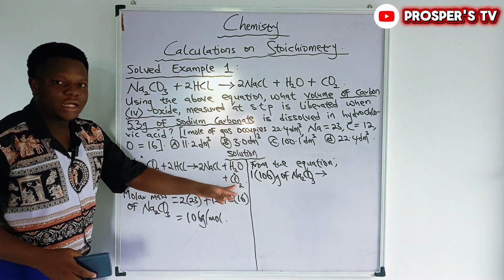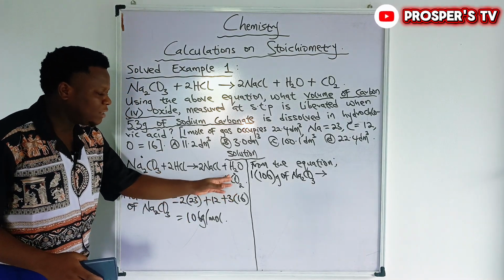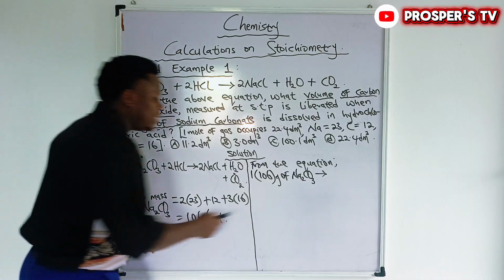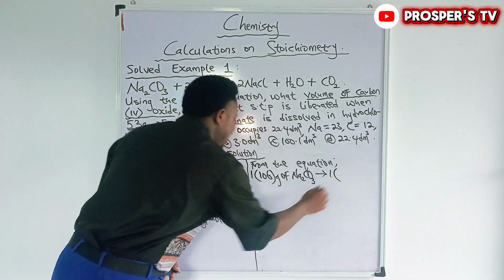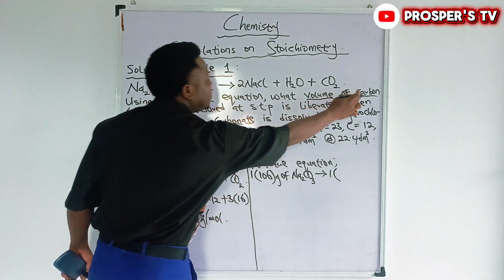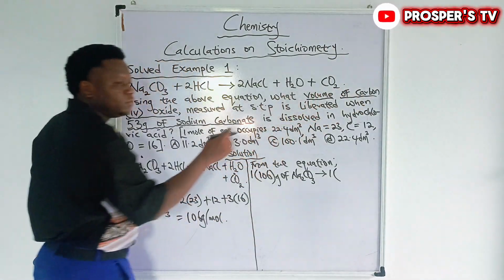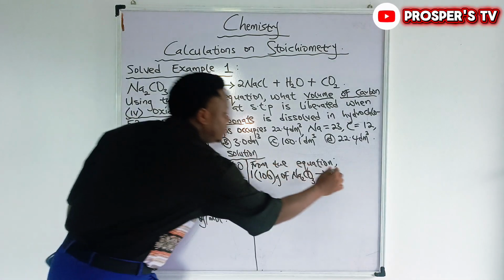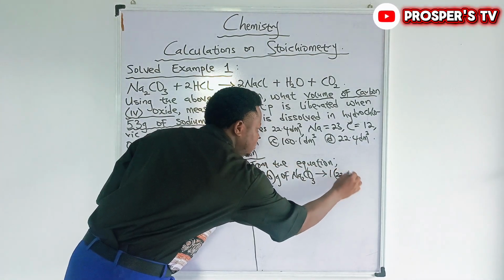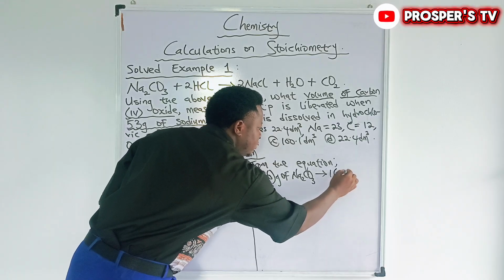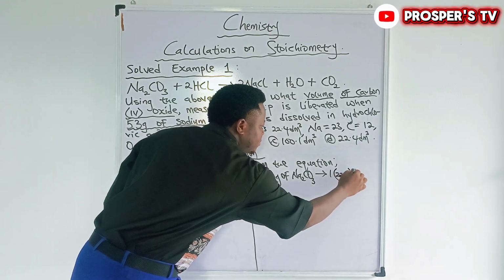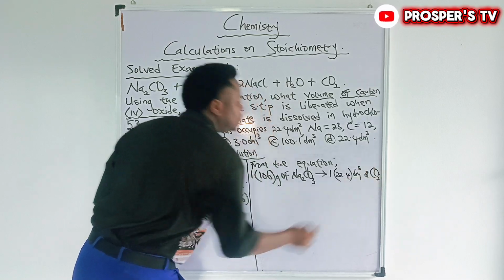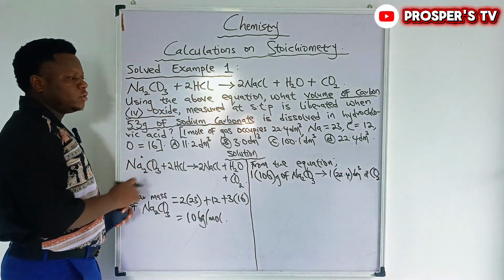Now this is carbon 4 oxide, my second species. What's the number at the back, the coefficient, which is your mole ratio? The coefficient there is also 1, so I would write 1 times. Remember, what was said about carbon 4 oxide is volume, and 1 mole of any gas at STP occupies a volume of 22.4 dm cube. So I'll say 22.4 dm cube of CO2. So that's what we have from the equation.